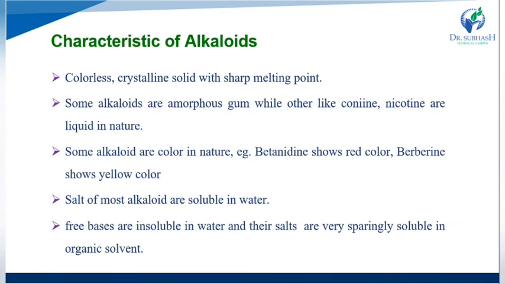Then, they are colorless crystalline solids with a sharp melting point. They are mostly colorless substances, present as crystallized solids with a sharp melting point. Some alkaloids are amorphous gums, while others like coniine and nicotine are liquid in nature.